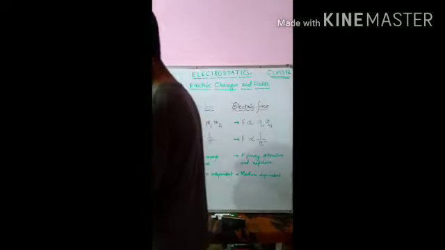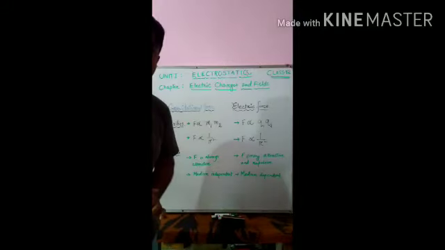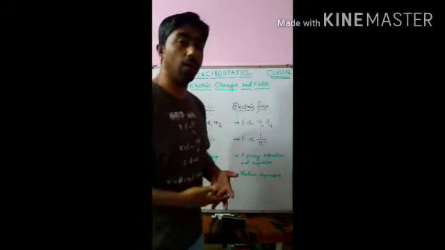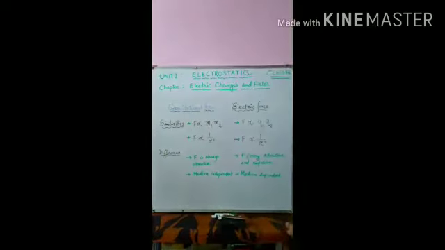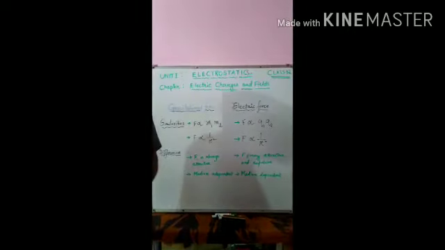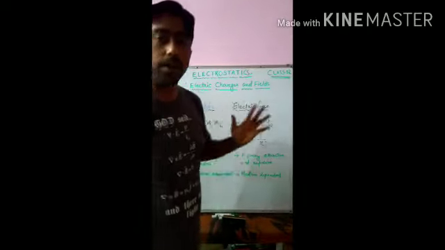Next is fields. It's not a playing field, it's a gravitational field. It may be an electric field or electromagnetic field, to be in the true sense. If you note the word static, its literal meaning is that something is stationary.